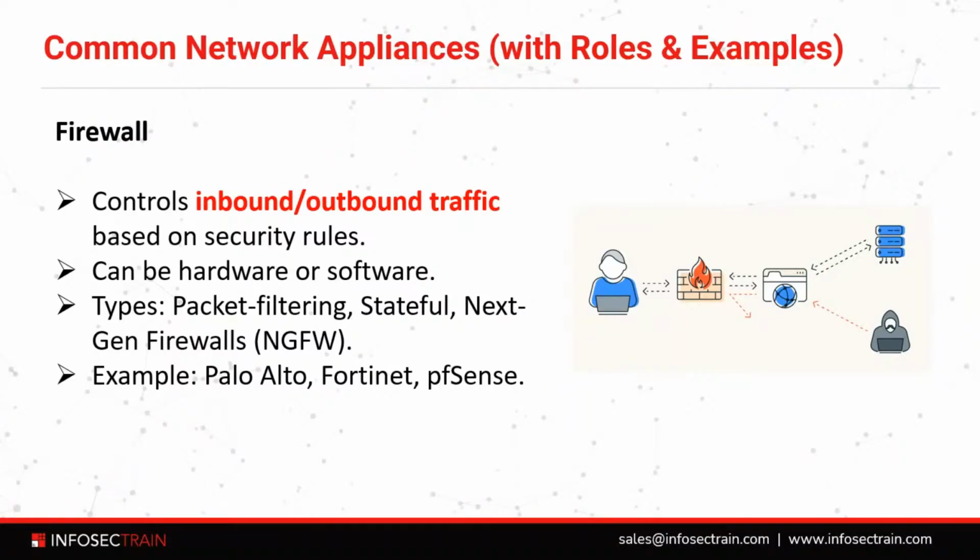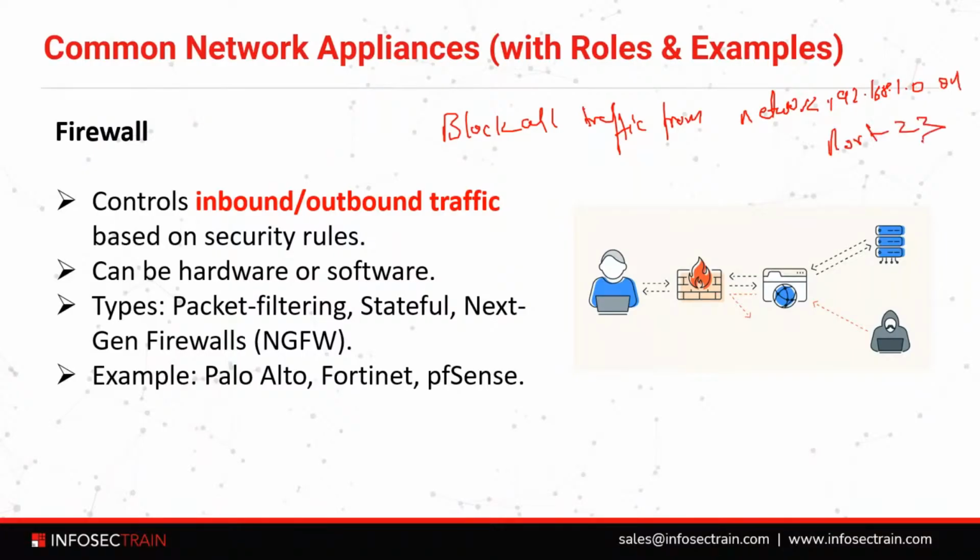It checks the source IP, destination IP, port number, protocol, the data, right? So if I have written the rule, let's say block all traffic from network 192.168.1.0 on port 23, right?